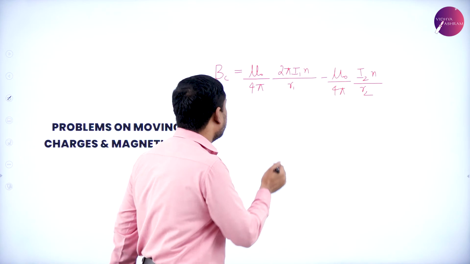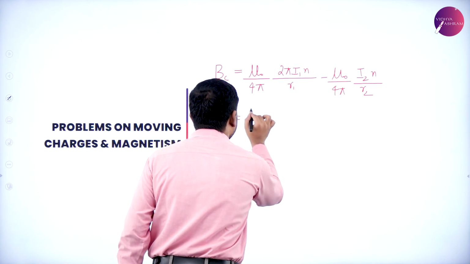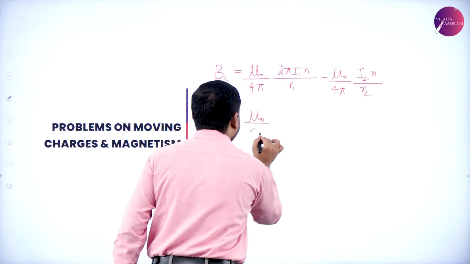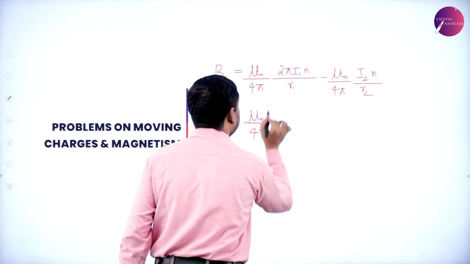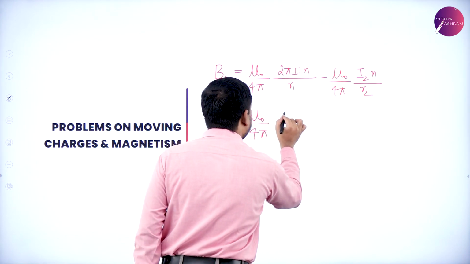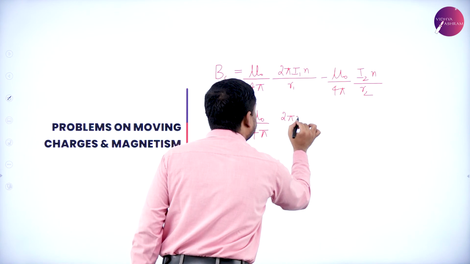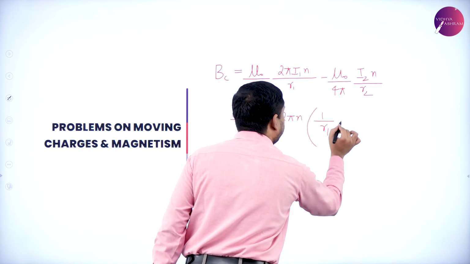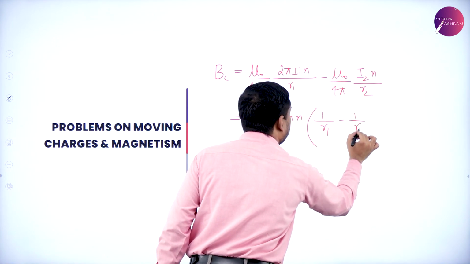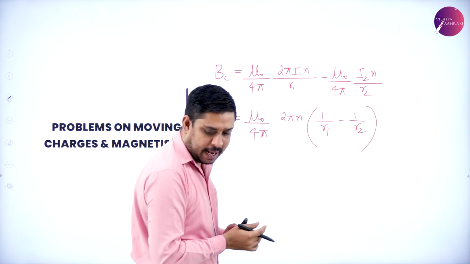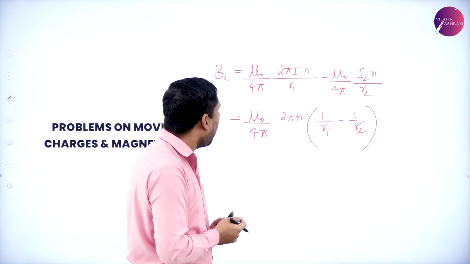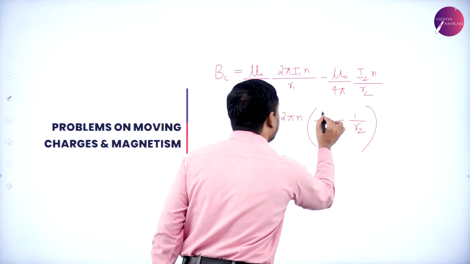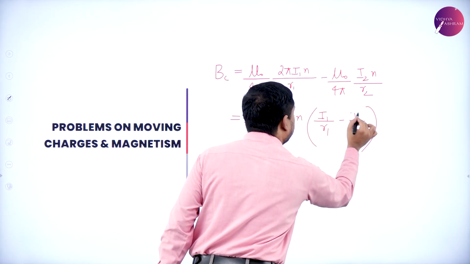So on substitution, mu naught by 4 pi is 10 power minus 7, 2 pi n remains the same, times I1 by R1 minus I2 by R2.